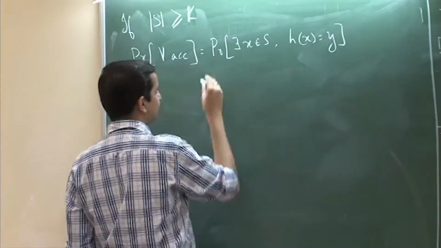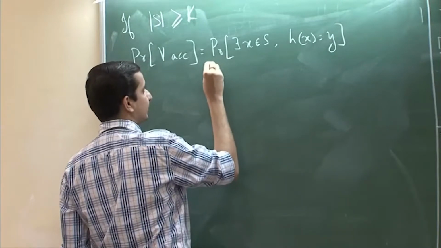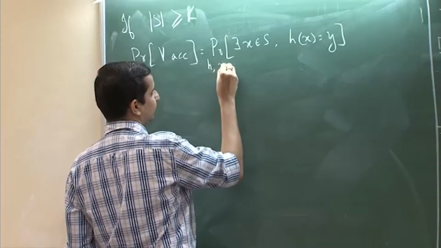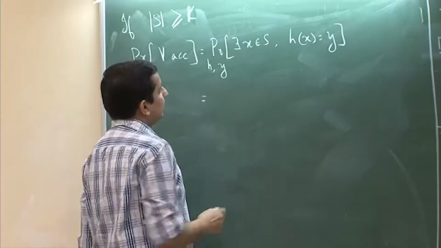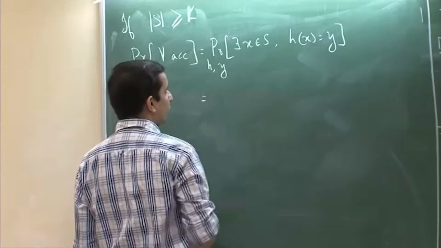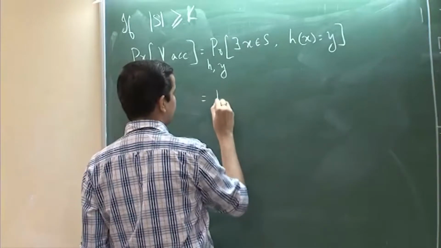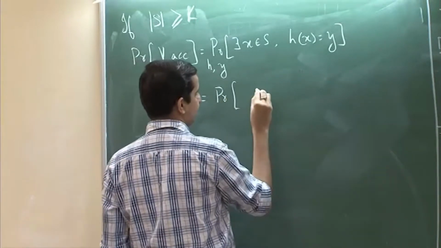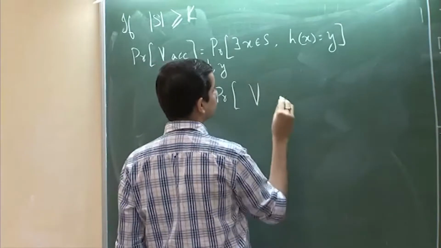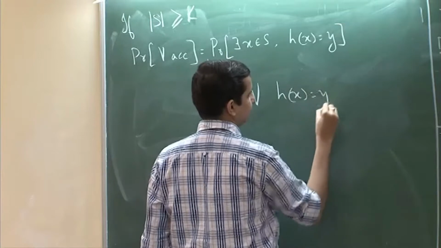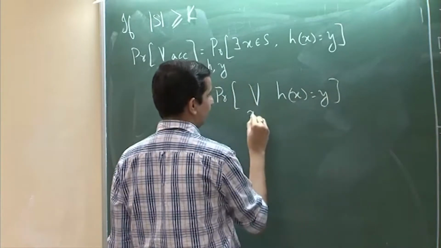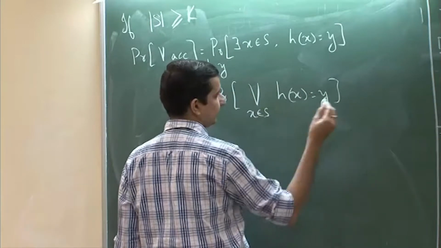This probability is over the choice of h and the random string y. This is basically an OR of a certain number of events, so it can be written as the probability that h of x is equal to y for x belonging to S.